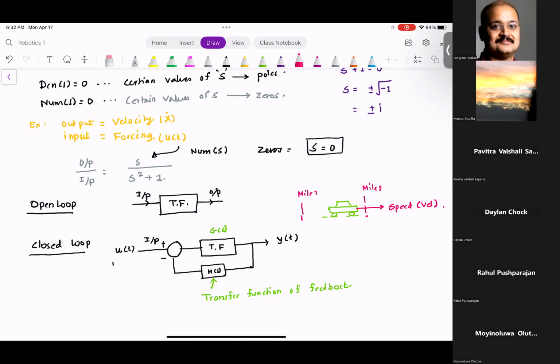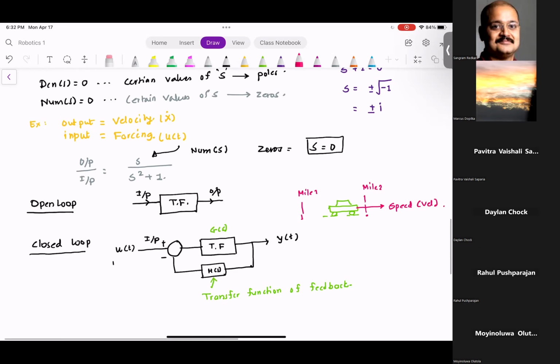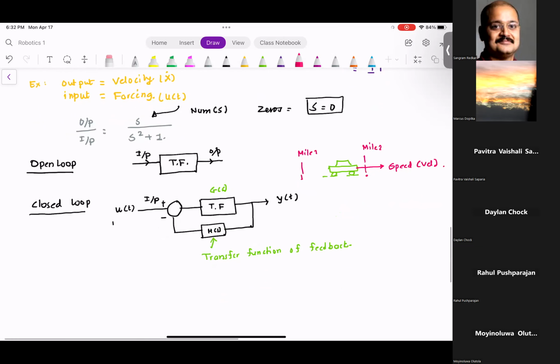If I wanted to write down the transfer function of this car, think about it something like this. x double dot is equal to some acceleration, and then we take this into the transfer function model.